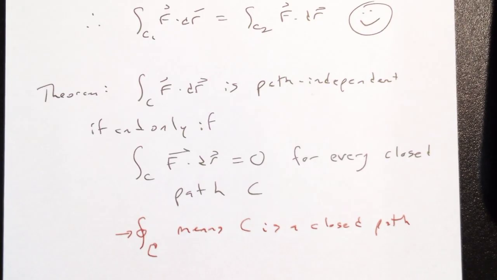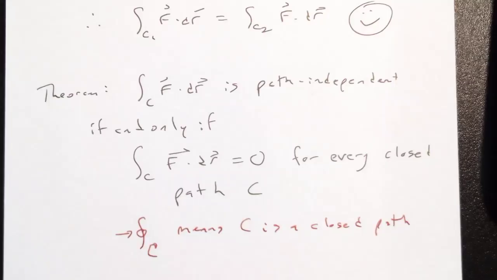It turns out this is not just sufficient, this is necessary, this is enough. This is all I need to know. And if my integral is independent of path, then my vector field is conservative. And that turns out to be not just necessary, but sufficient.